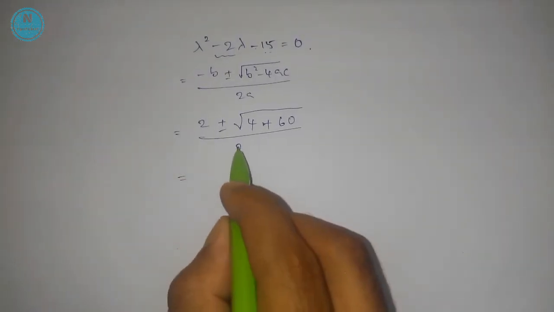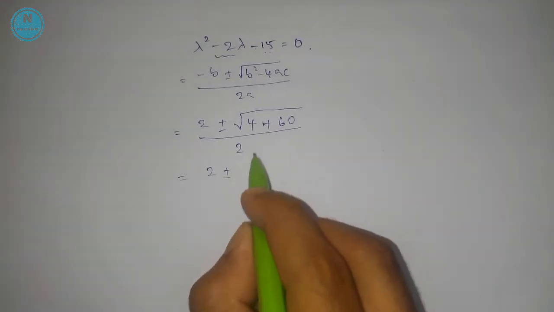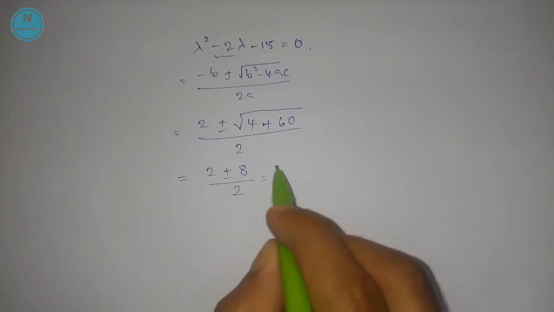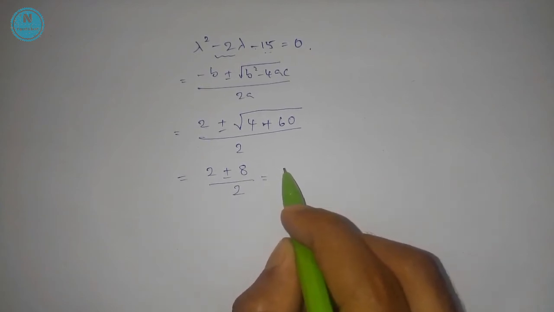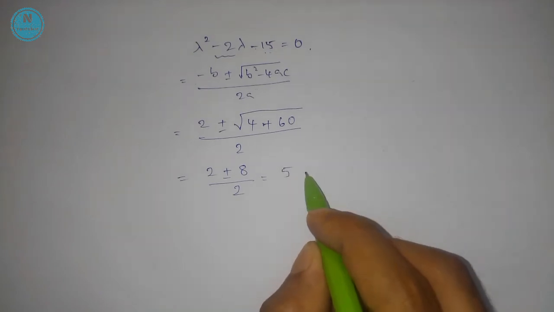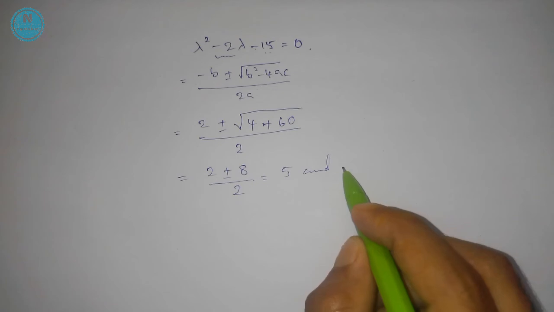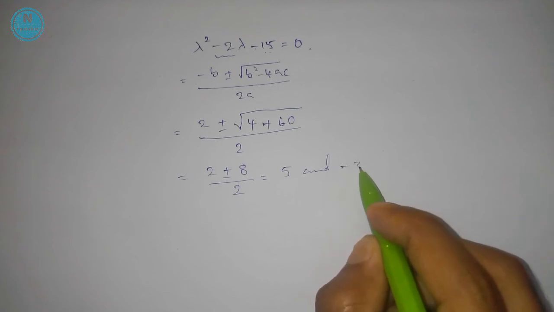So 2 plus or minus 8 by 2. When we apply plus, that value becomes 10 by 2, that is 5. When we apply minus, minus 6 by 2 is minus 3.